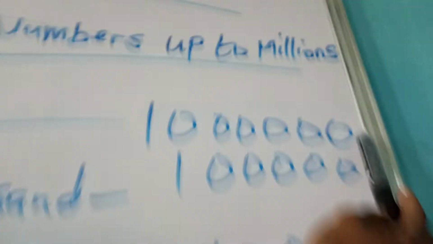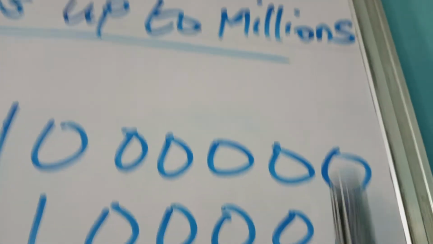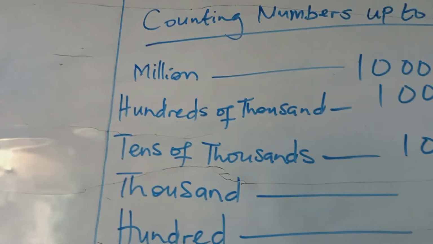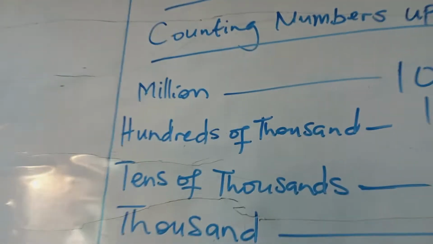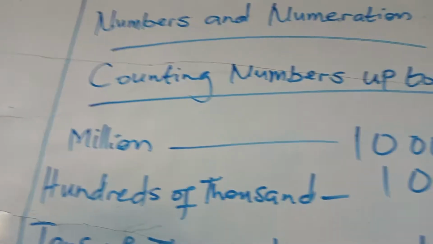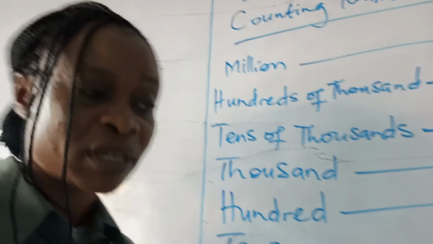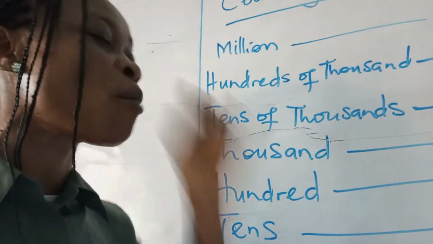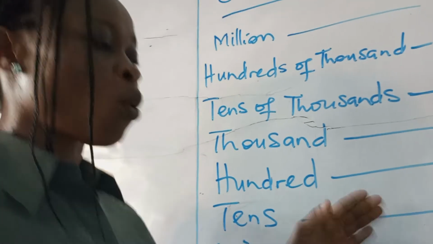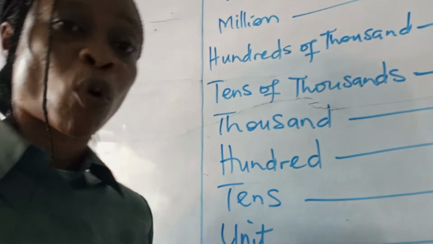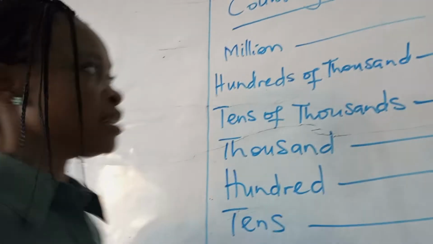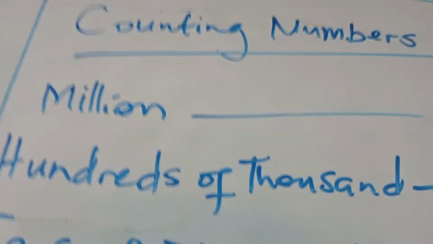Let's count the number of digits in 1 million. 1, 2, 3, 4, 5, 6, 7. Have you seen that? So if you want to write a number that will fall under a million, either 2 million, 3 million, 4 million, 5 million, 6 million, 7 million, down to 9 million, the total number of digits you will write should be 7.